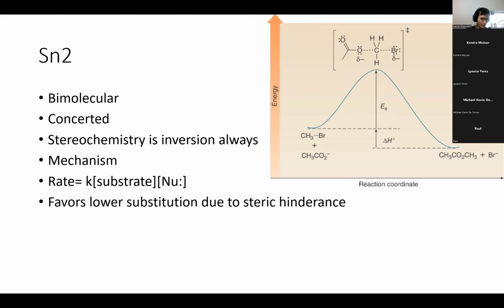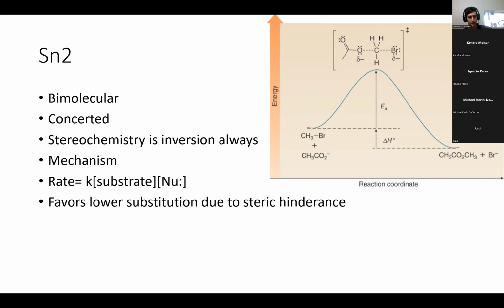On the test, I would really want you taking the substrate given and copying and pasting it into the brackets. Same thing with the nucleophile. You need to write the molecule in. In the reaction, the nucleophile is included in the rate, and that's how I conceptualize the fact that the nucleophile needs to be strong.